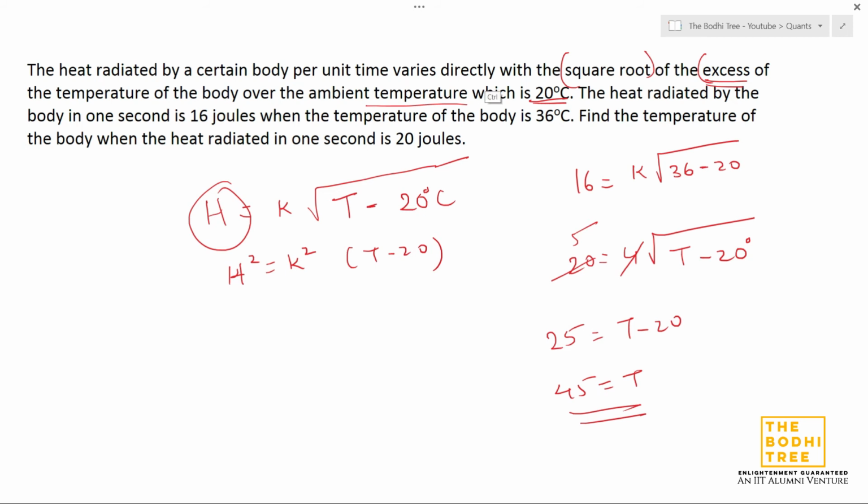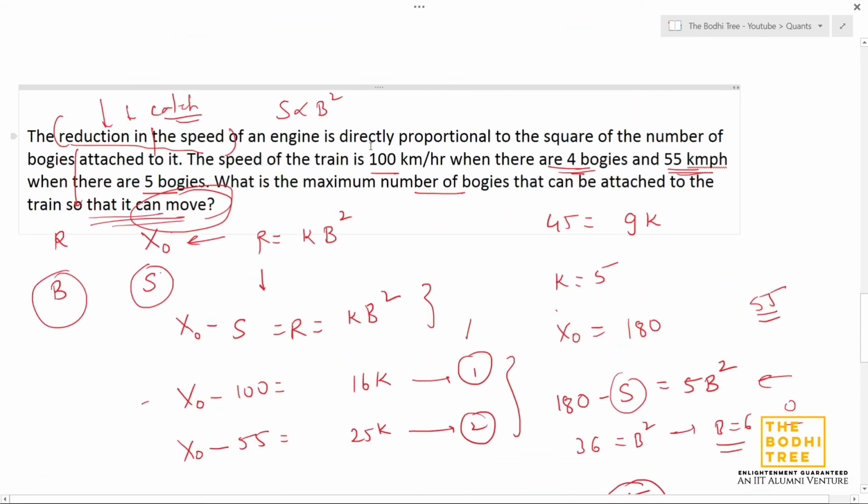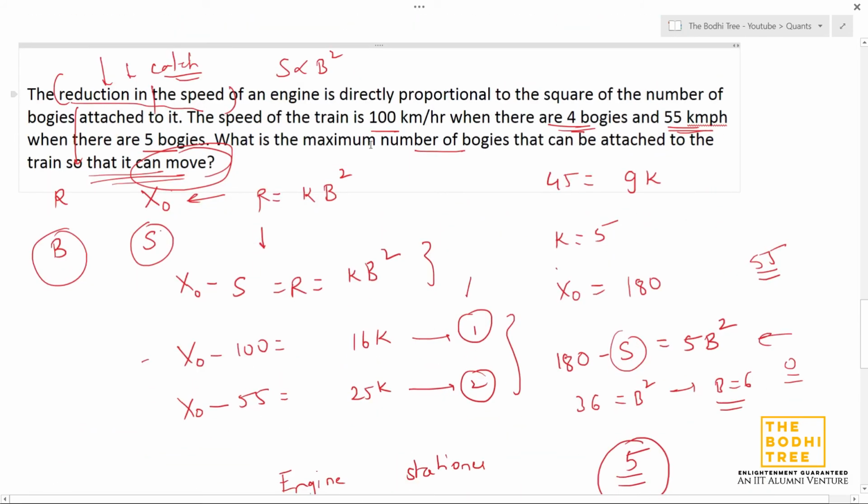Again, they have said here varies directly, similar to our bogey question. If I go to that question, there they had said that the reduction of the speed is directly proportional to the square of the number of bogies attached to it. Here we had reduction, therefore we took the difference.